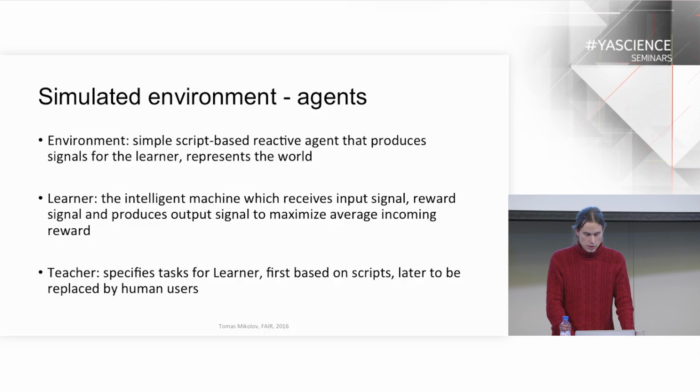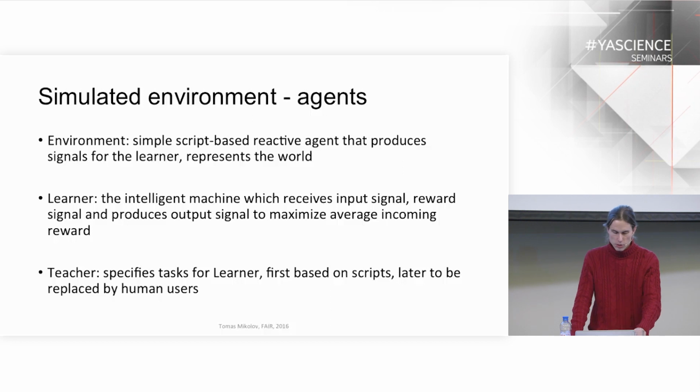We would like to make it as unsupervised as possible. So maybe later it doesn't need to have much supervision at all, but in the beginning of its life, the goal for the learner is to maximize the sparse reward that is coming from the teacher. And the teacher specifies the tasks for the learner. In the beginning, it's based on some scripts, and later to be replaced by humans.